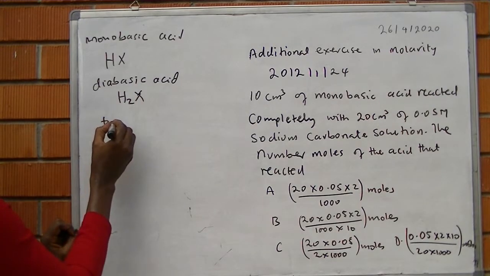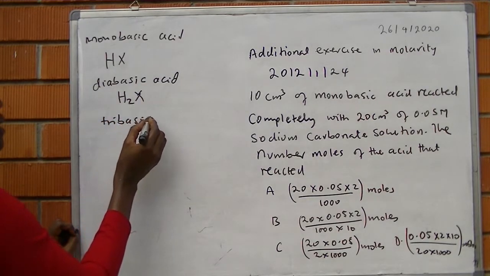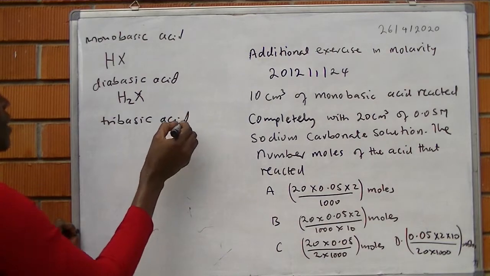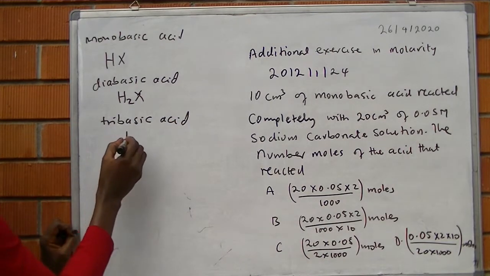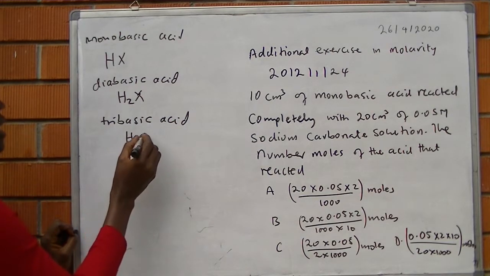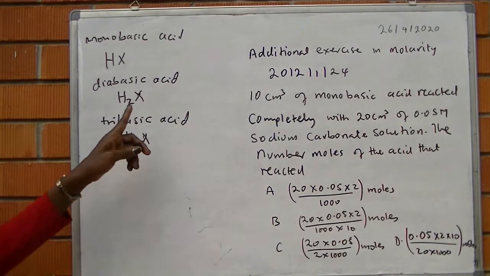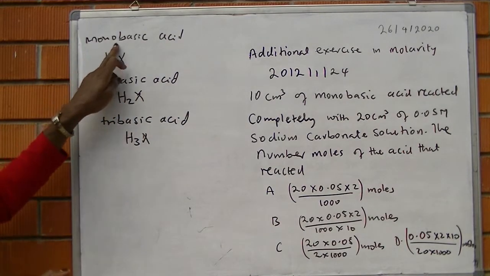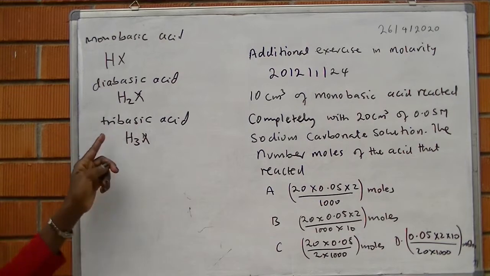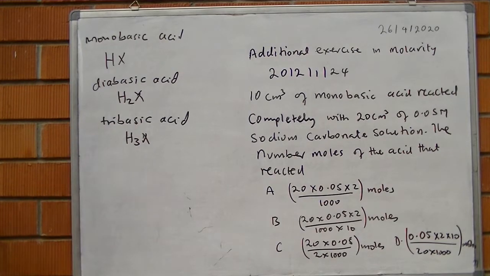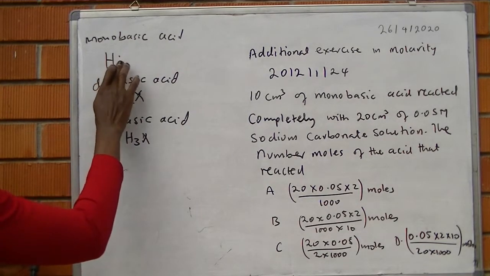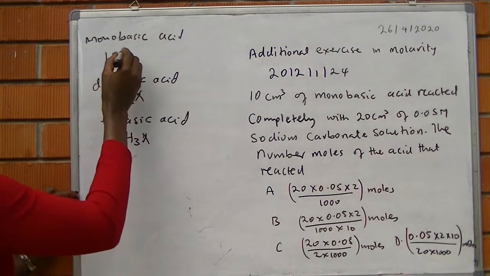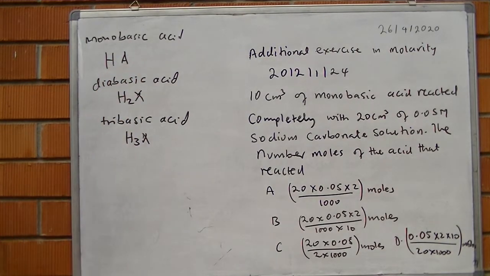And then tribasic acid. Tri means 3, so it has 3 hydrogen ions. Don't mind about the radical, provided you know mono means 1, di means 2, and tri means 3. This X can change to A or can change to any letter.